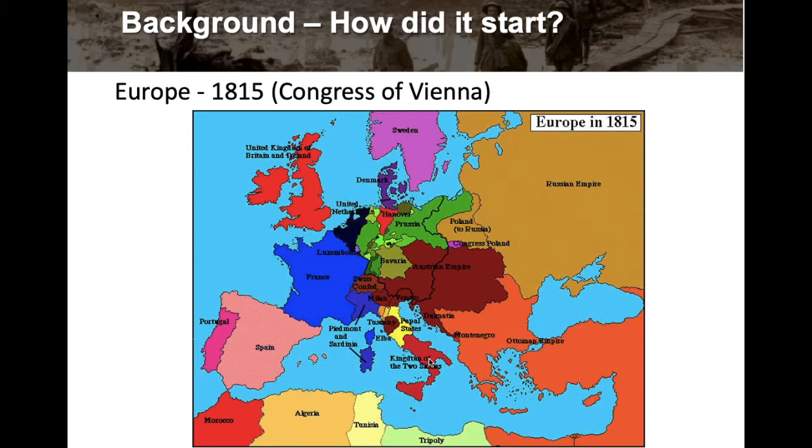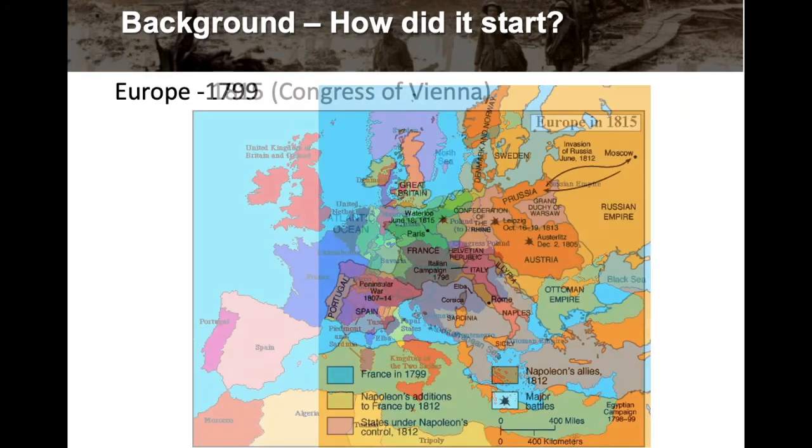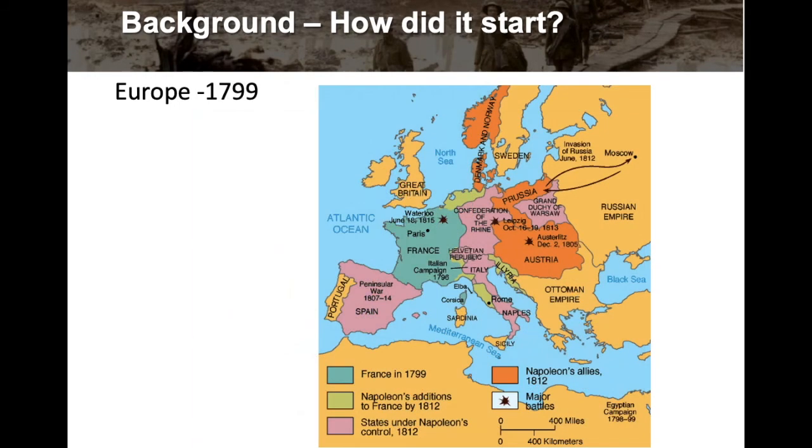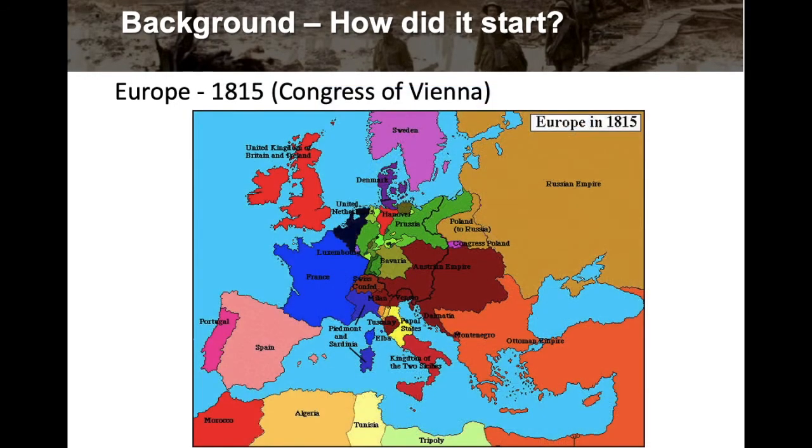You see the different states on the Italian peninsula. It's not Italy yet, so you don't have Germany, you don't have Italy. Again, this is 1815, so they have not come together yet. But I want to show you that you have a change from the Napoleonic period. So here's Napoleon, and now here's the Congress of Vienna.